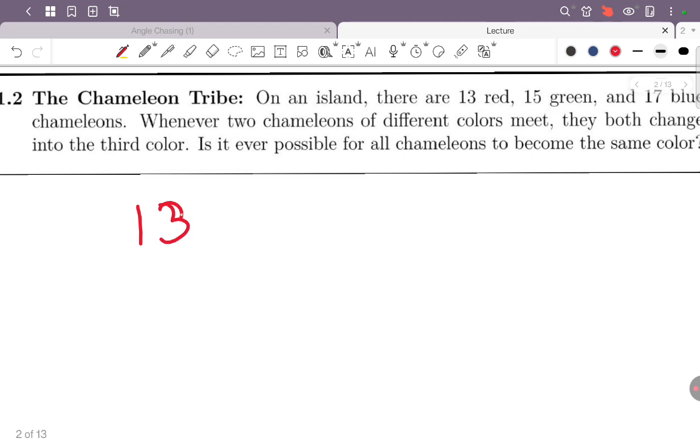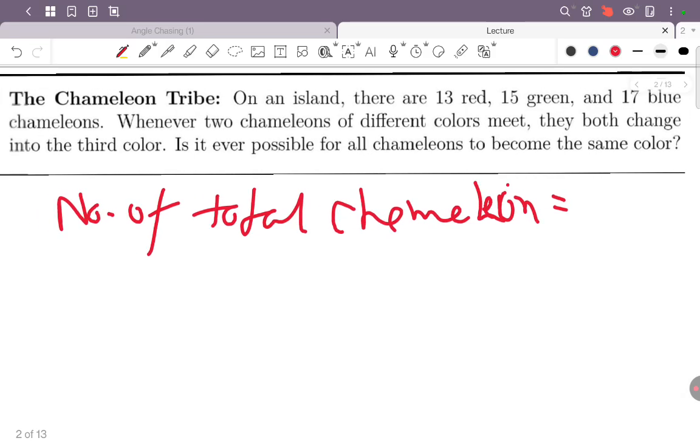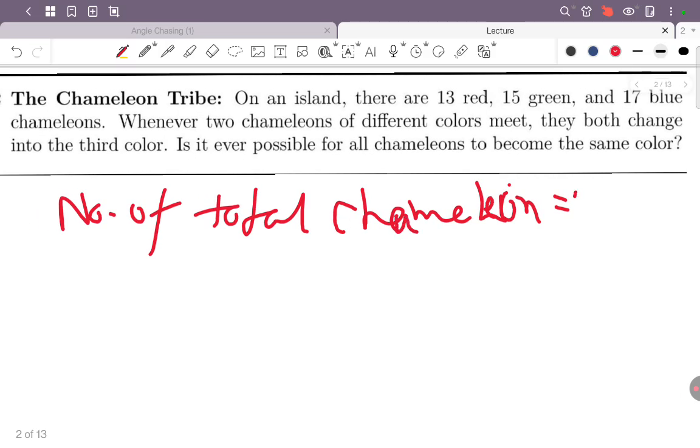The total number of chameleons is equal to 13 plus 15 plus 17, that is simply 45.